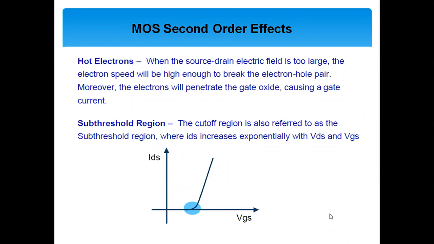As you increase the gate voltage above the threshold voltage, up to a certain value of gate voltage, there is an exponential increase in drain current with VDS and VGS. This effect, or the region where it happens, is called the sub threshold region, and this is also one of the second order effects of the MOSFET.